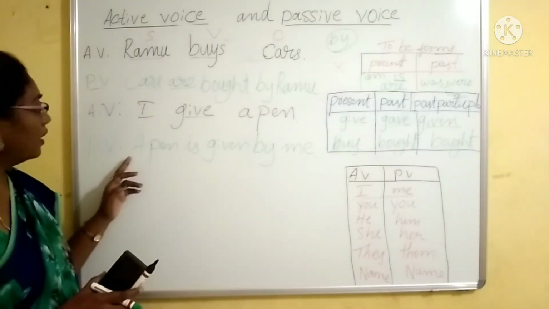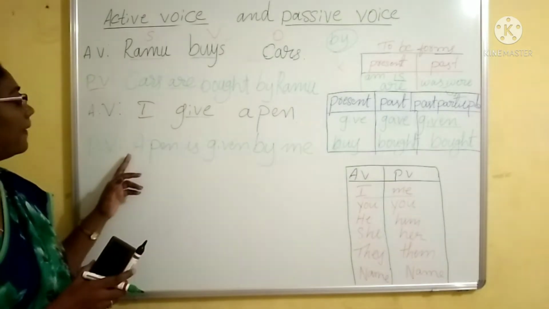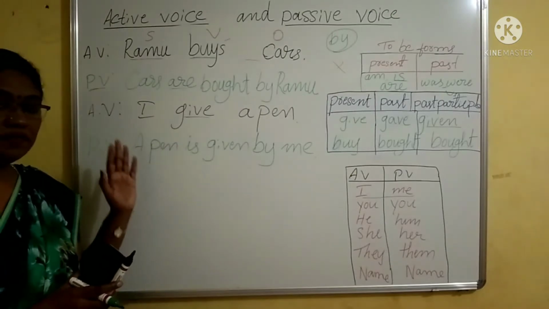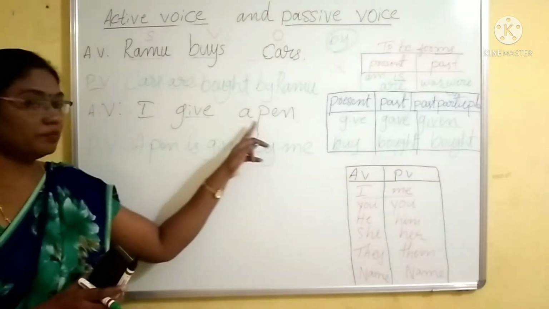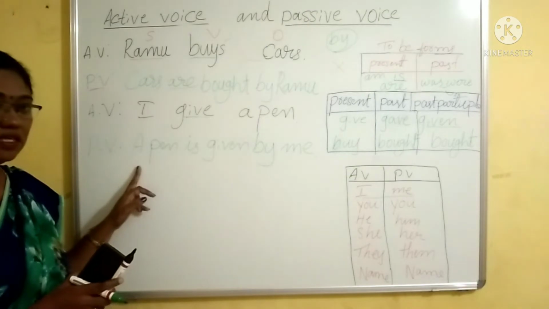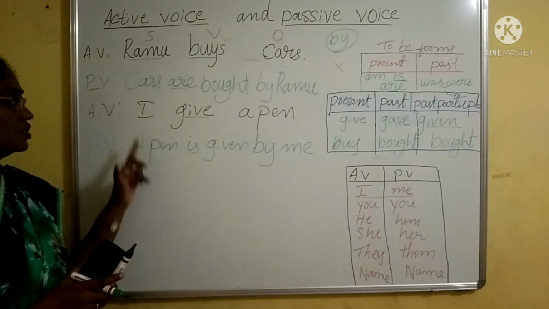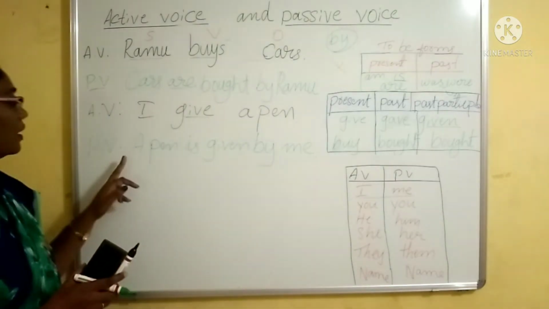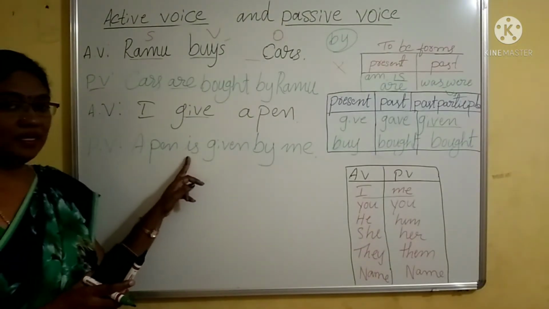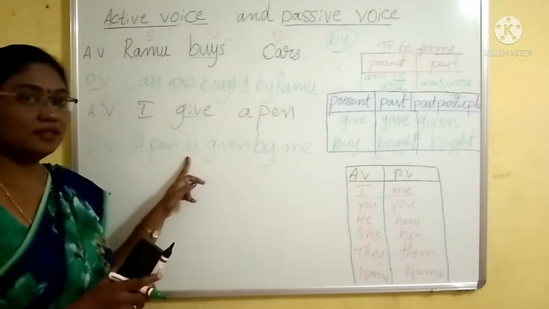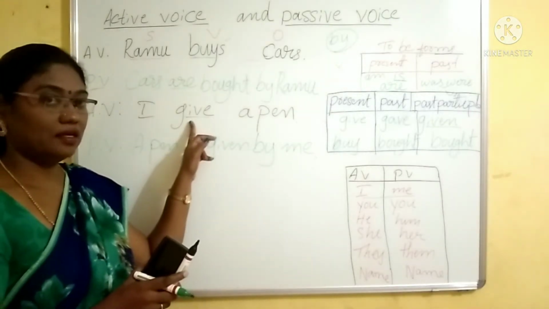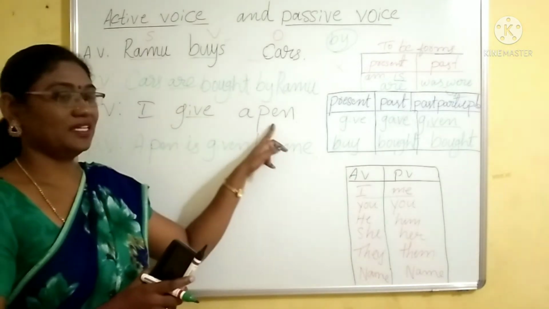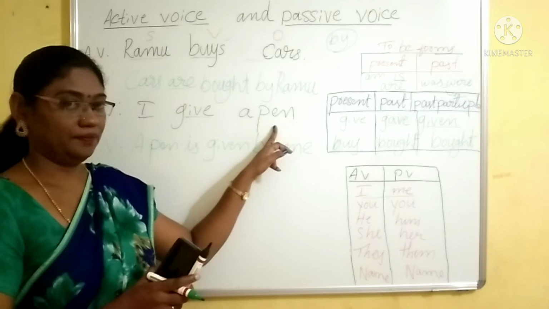Again, just review. A pen. When we start passive voice, the object should be written first in the place of subject, and as usual, the subject will go to the object place. A pen and is. How do we select this is? As per the subject, the verb, and the object being singular or plural.